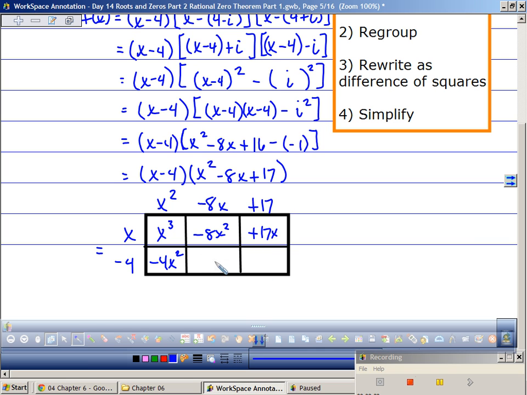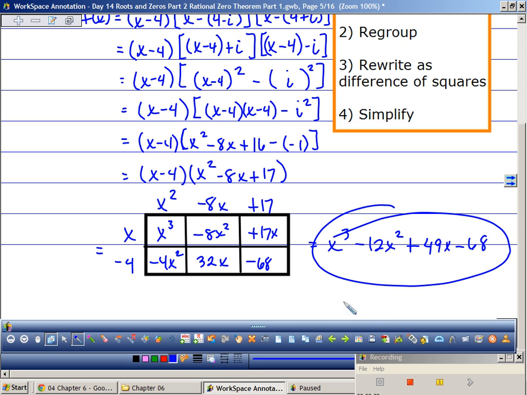Thank you, caught it as I said it. 32x and negative 68, equals x cubed minus 12x squared plus 49x. Can you read his paper pretty good, Josiah? Yep. Okay, good. All right. There's your answer.